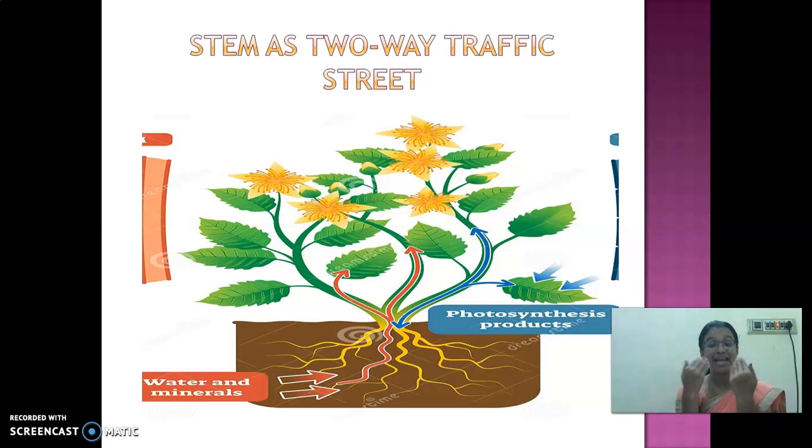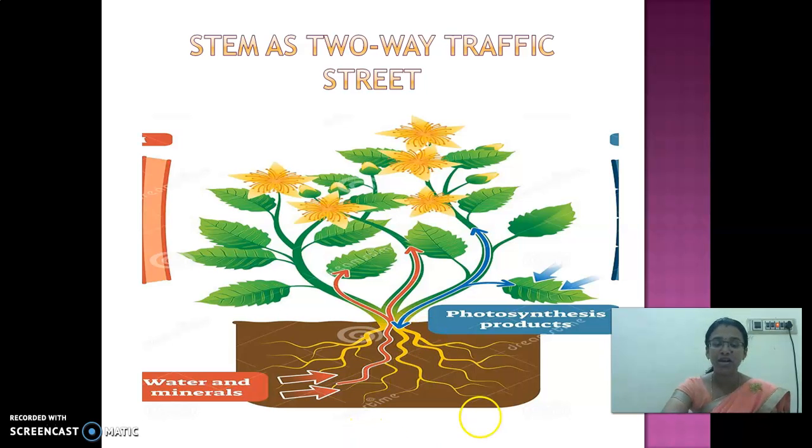So, plants take in carbon dioxide and give out oxygen. So, that is the process of photosynthesis. And the products of that, the food from the leaves, are transported to the other parts of the plant. So, this is where the stem acts as a two-way traffic street.